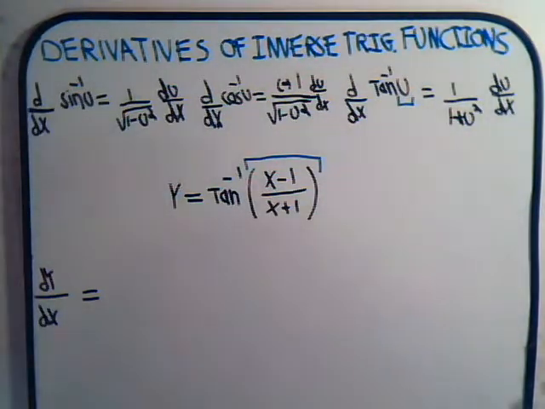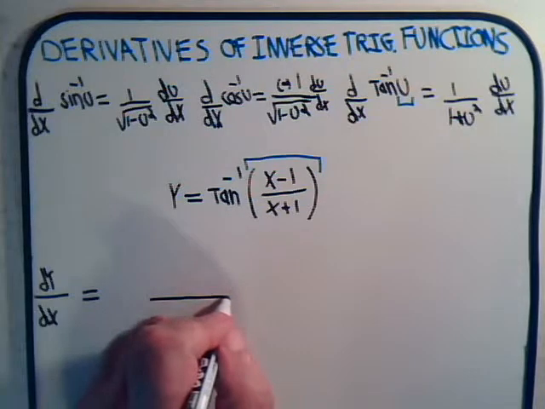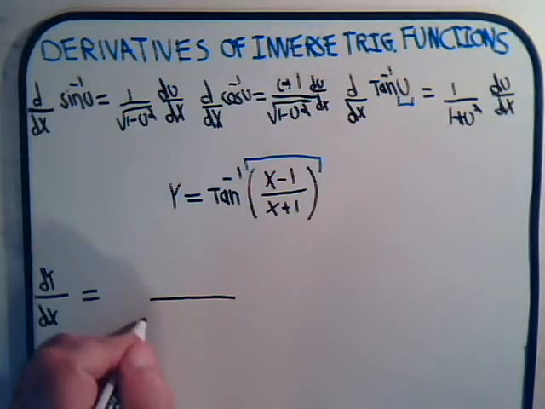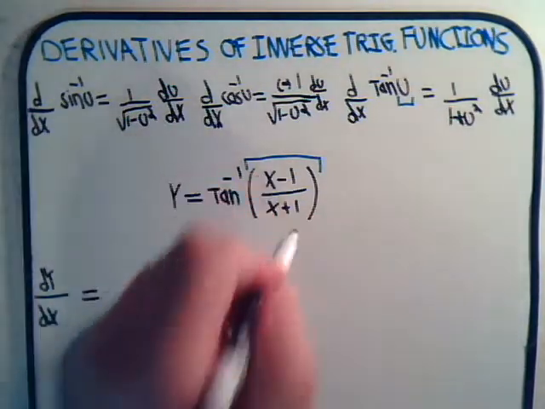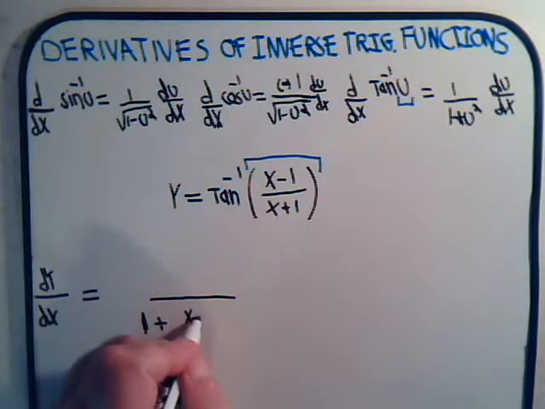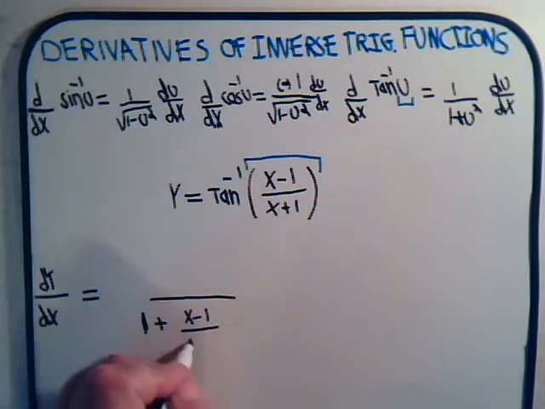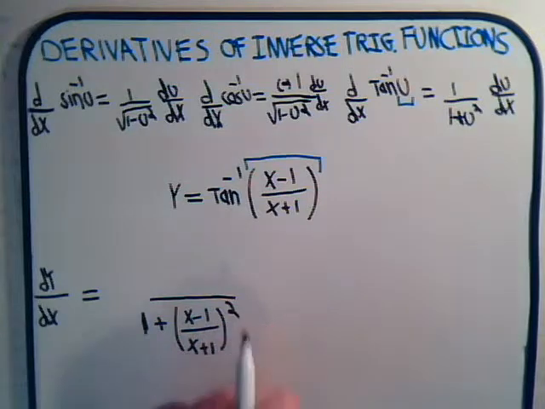So we're going to write this as dy dx will equal 1 over 1 plus u squared. And this is what u is, so we're going to have 1 plus x minus 1 divided by x plus 1, quantity squared.